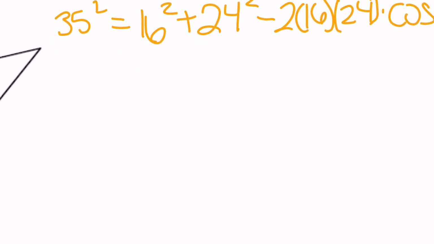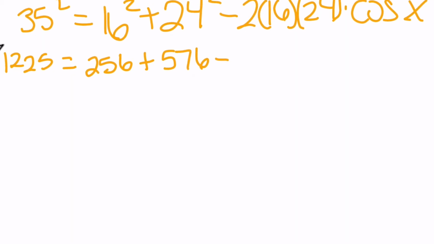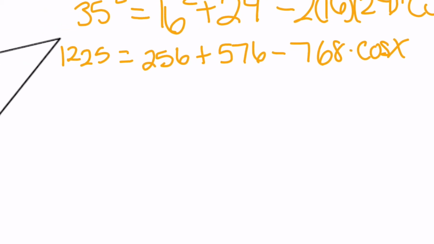All right, then I start going. Okay, so this is 35 squared, this is 16 squared, this is 24 squared, and then this 768 is where I took 2 times 16 times 24. Okay, then I keep simplifying.